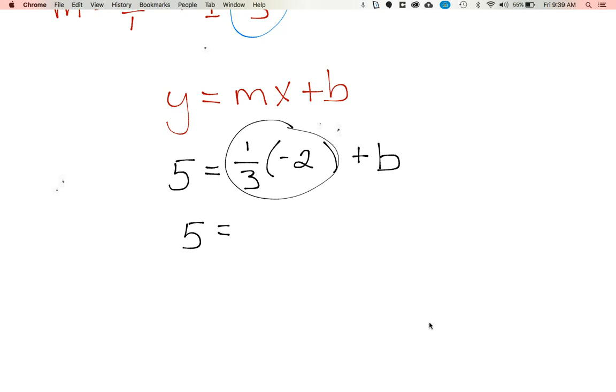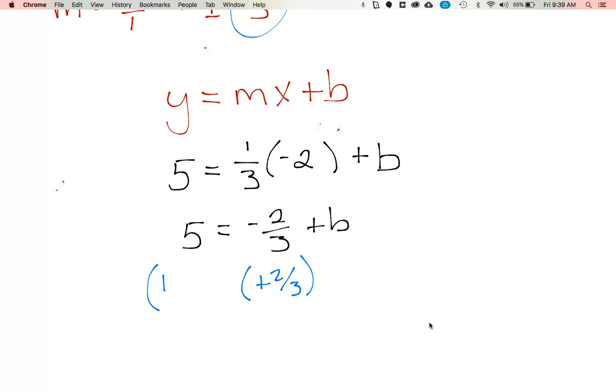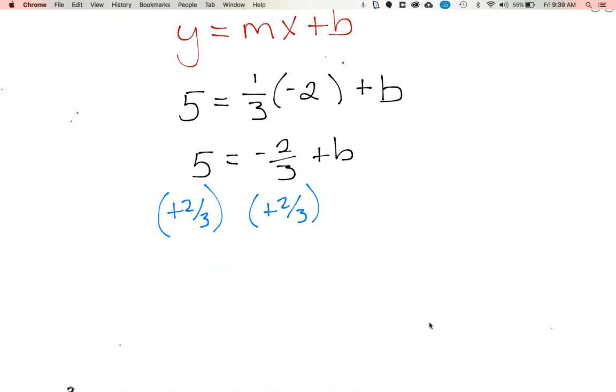When I multiply here, that's going to be -2/3 plus b. And then we want to add 2/3 to both sides. So that means b equals 5 2/3, which is 17/3.